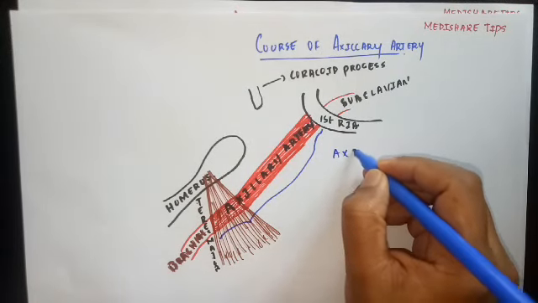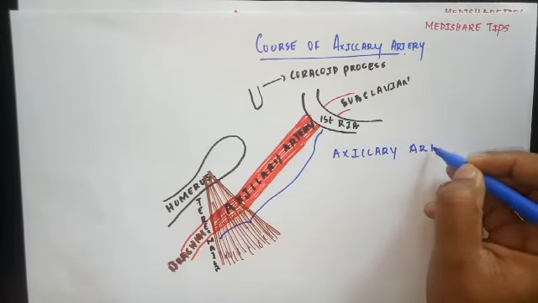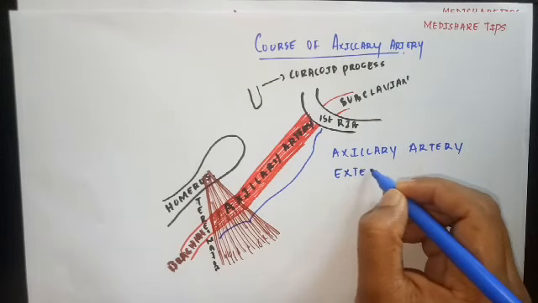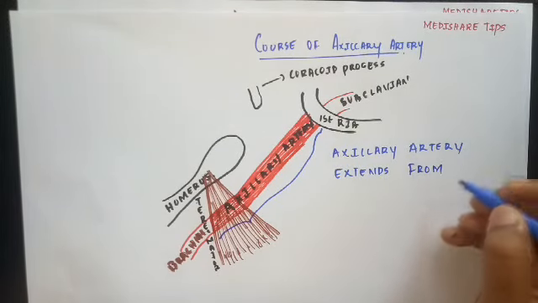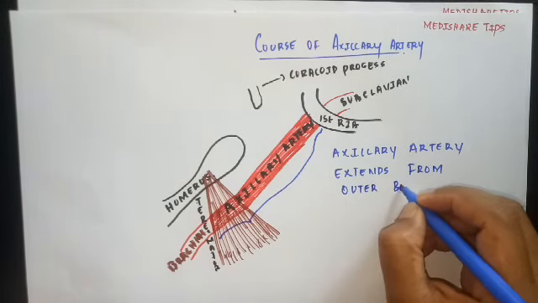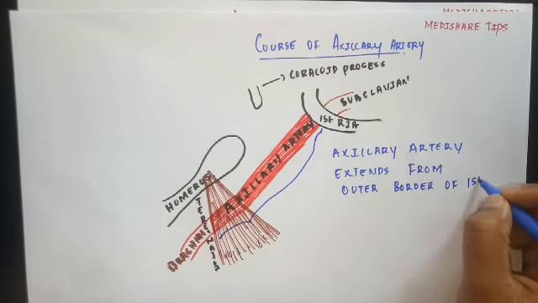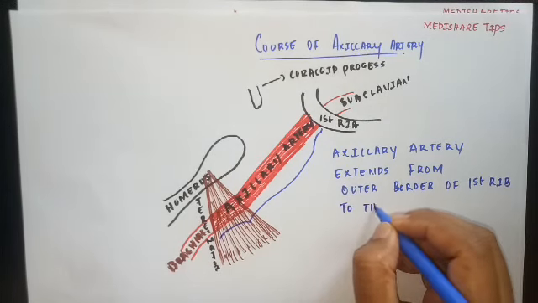So axillary artery extends from the outer border of first rib to the lower border of teres major muscle.